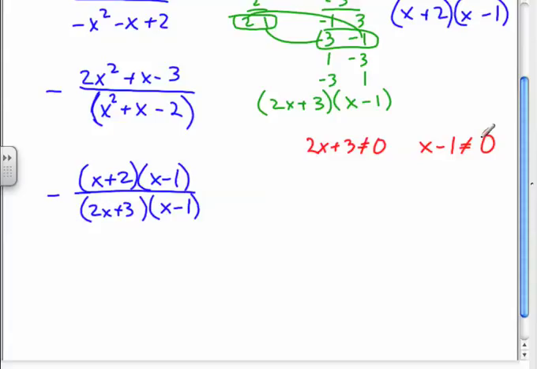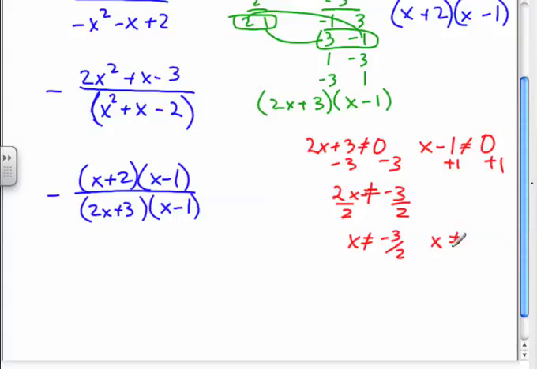I'm glad you remember that from the last unit. So I'm going to subtract 3 from both sides here. I'm going to get 2x cannot equal negative 3, and then divide by 2. X cannot equal negative 3 over 2. Here I'm going to add 1 to both sides and get that x cannot equal 1. So my restriction is x cannot equal negative 3 over 2, comma 1.